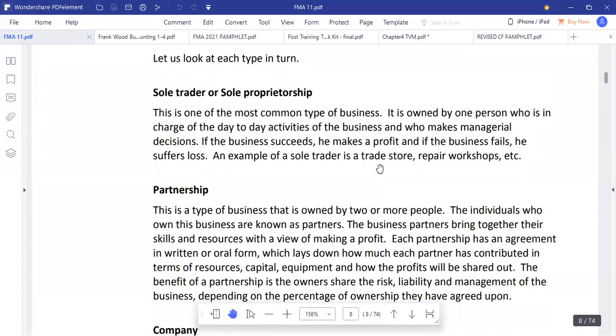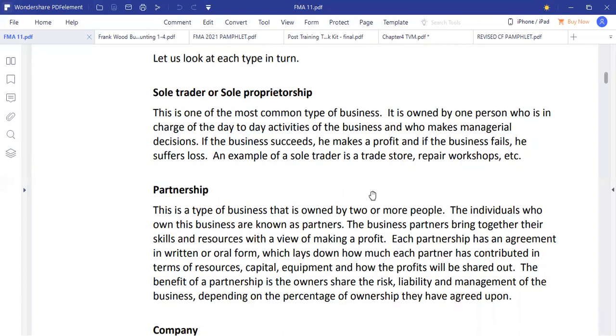When you're dealing with a sole trader or sole proprietorship, this is the most common type of business, which is owned by one person who is in charge of the day-to-day transactions. This one makes all managerial decisions and he enjoys all the profits. And if he fails, he suffers all the losses.